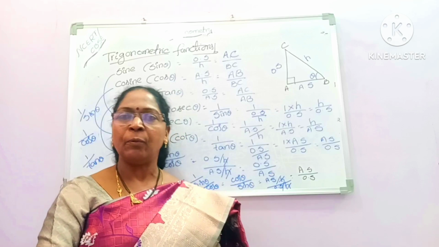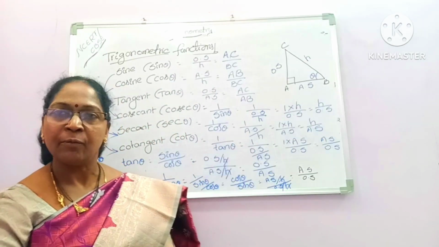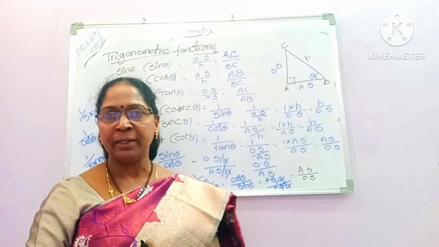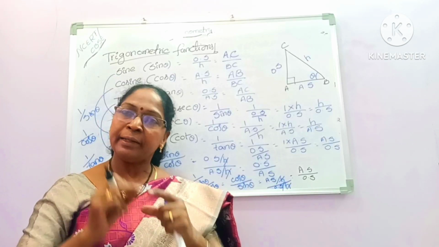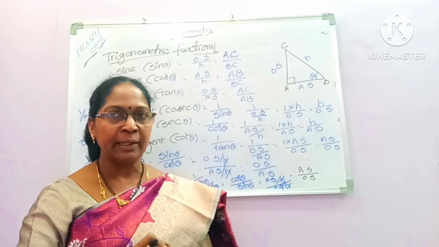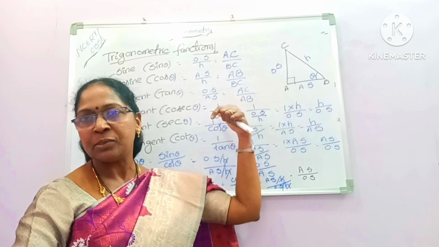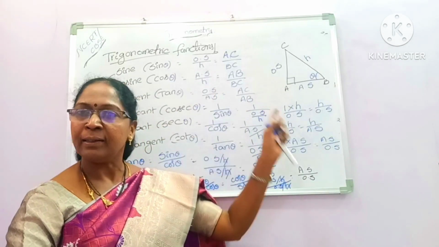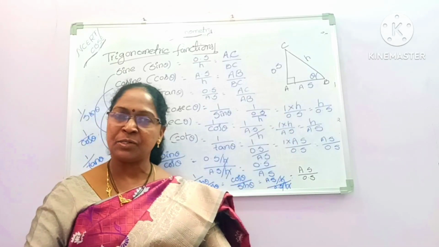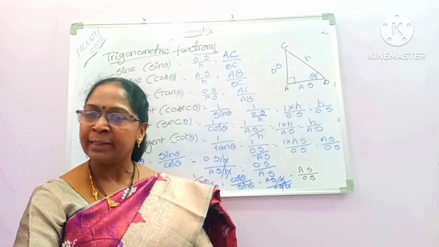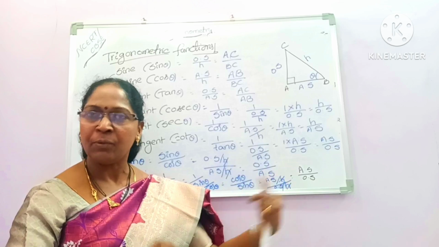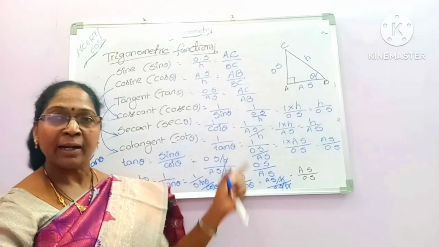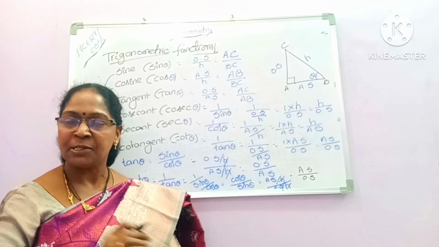In this video, what we have discussed is the introduction to trigonometry, what is trigonometry, and trigonometry comes from a Greek word, what the meanings of those 3 words are, that I already explained. And trigonometric ratios, what are trigonometric ratios, what is a right angle triangle, what is an acute angle, what is the Pythagoras theorem, and lastly trigonometric ratios.